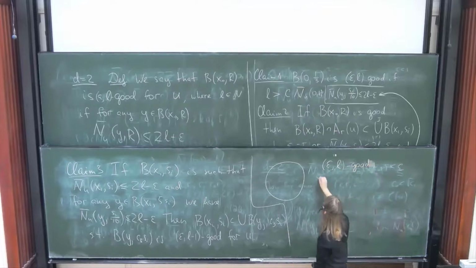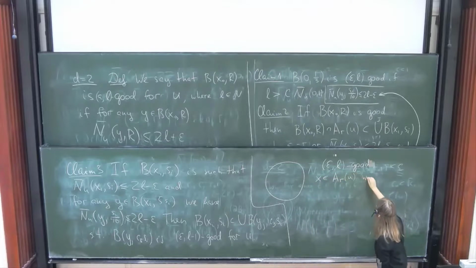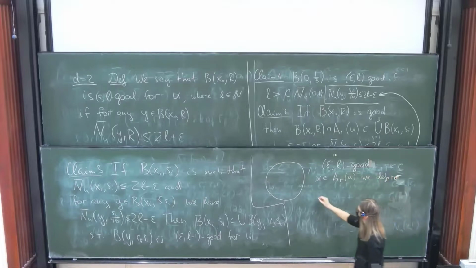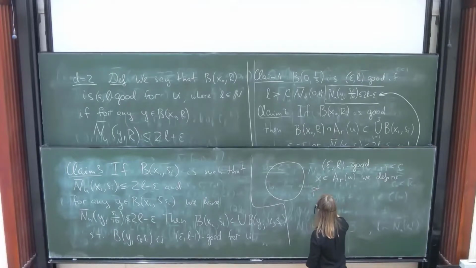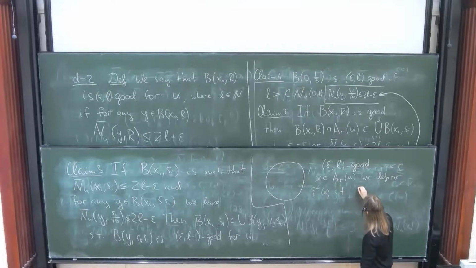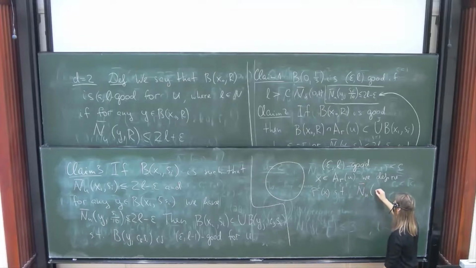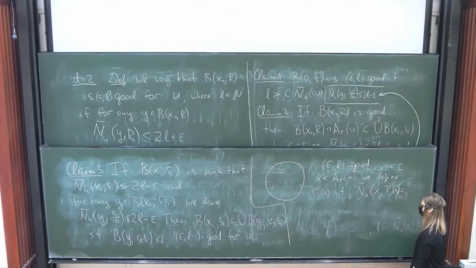And at each point x of our effective critical set, we define R of x such that the frequency is equal to L minus epsilon.